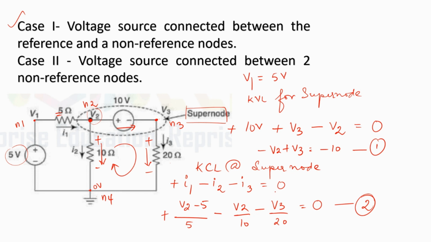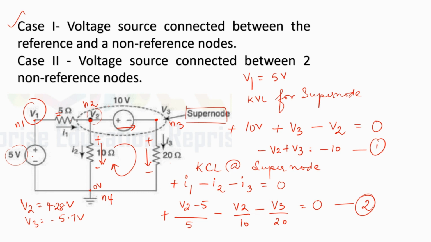So on solving these two simultaneous equations, we can get the value of V2 as 4.28 volts and V3 as minus 5.7 volts. Now, if we notice in this equation, I have said I1 is equal to V2 minus 5 volts divided by 5 ohms. Actually, it would be V2 minus V1 by 5.